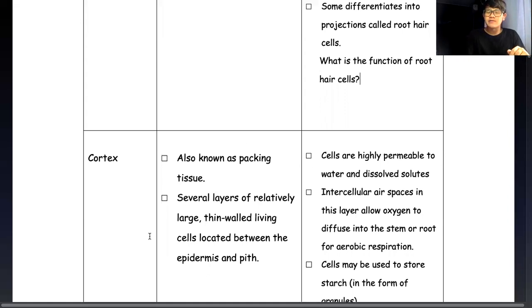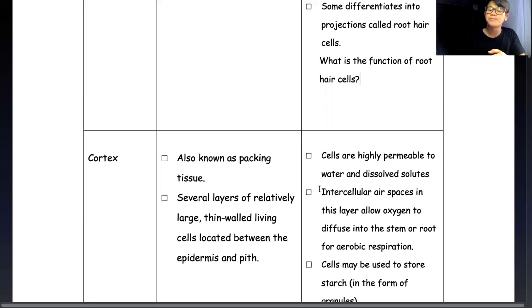And several layers of relatively large thin-walled living cells located between the epidermis and the pith. They are actually quite large, your cells. Some of them are even larger than the xylem, even larger than phloem. Several layers of relatively large thin walls, ia besar and dindingnya nipis.